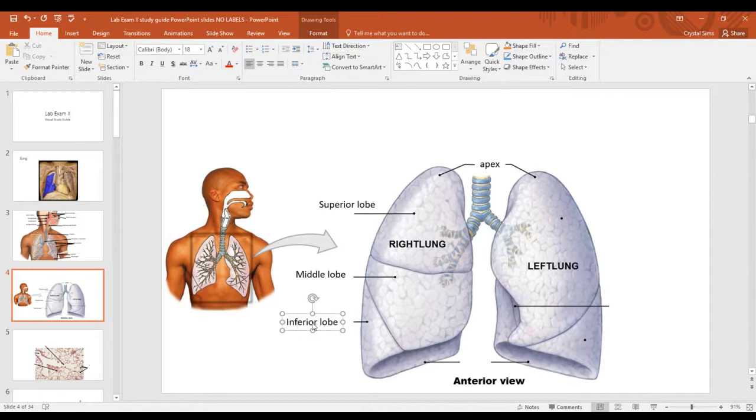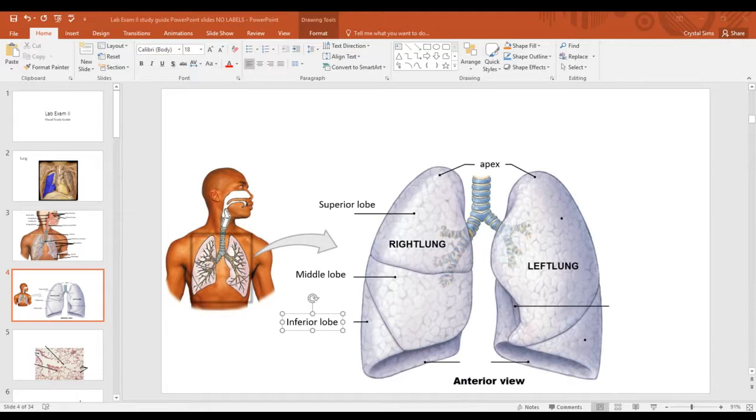Does anybody know that one? Yes, the apex. That is correct. So right here, where it's pointing to both sides at the top here, that is the apex of the lung that we're looking at.